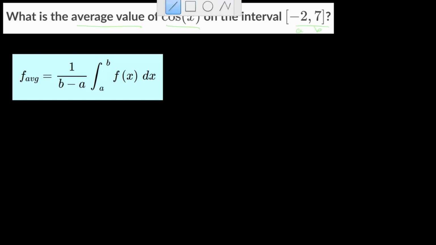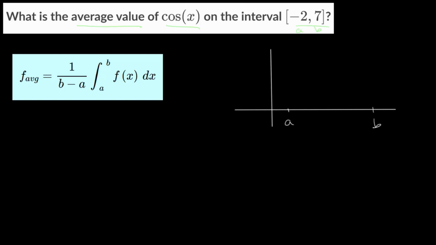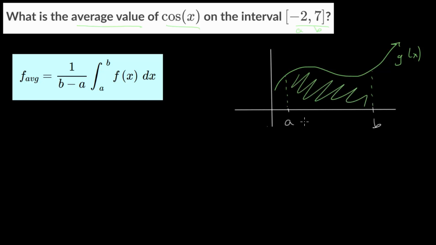So let me quickly draw a coordinate plane. Let's say we have some random function on this coordinate plane. We can say it looks something like this. We can call it g of x. Remember that the integral from a to b will essentially calculate the area underneath this curve between this interval.